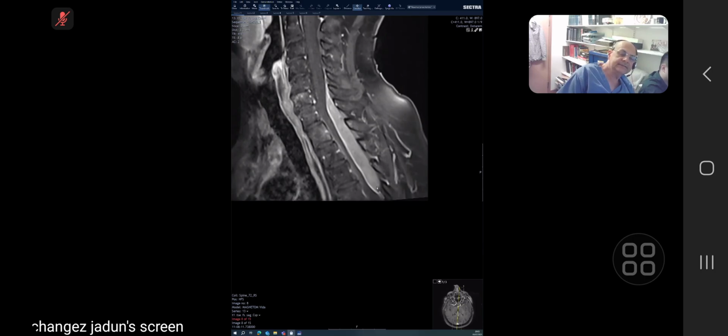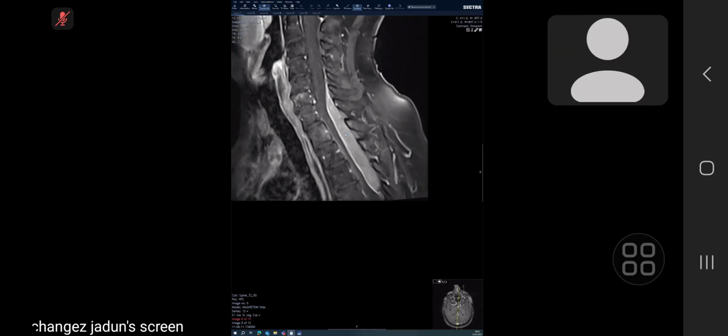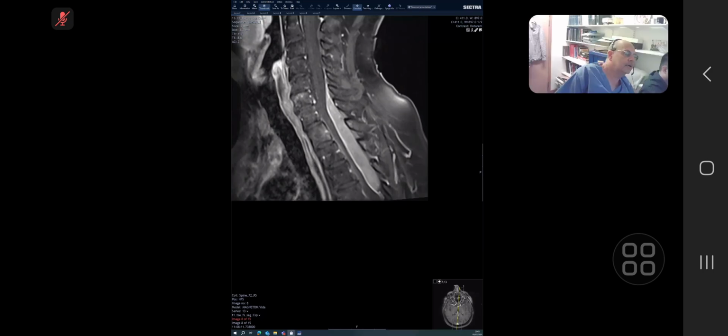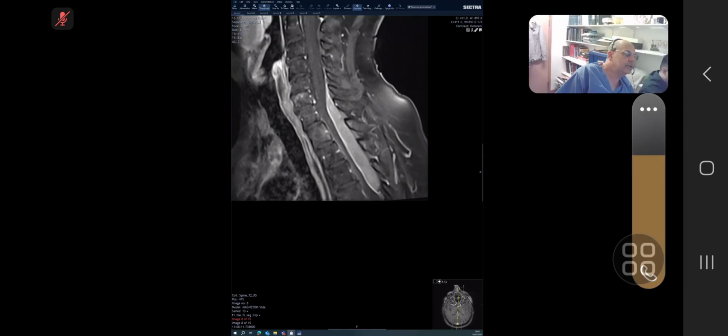What are the other things that commonly arise here? Could it be an abscess? Sir, no, because it's enhancing. If it is an abscess, what other thing is usually here like this?